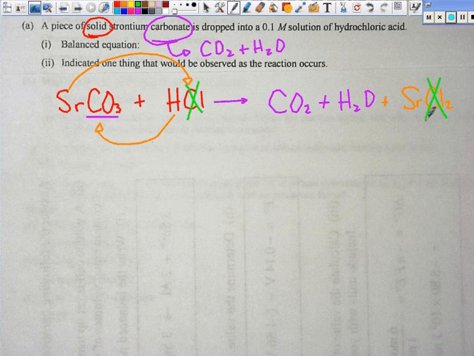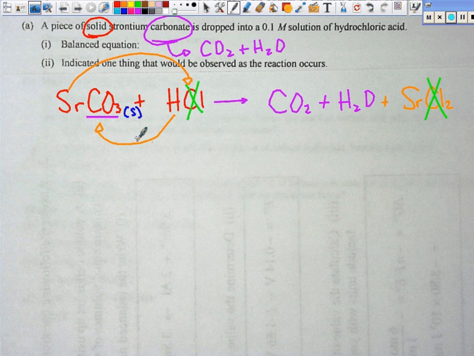This is a solid, very good point. It went from a solid to what would this be? Aqueous. Very good. So it went from locked in a solid compound to aqueous. You're looking for charge changes and state of matter changes. It went from a solid to an aqueous, so it's got to stay.